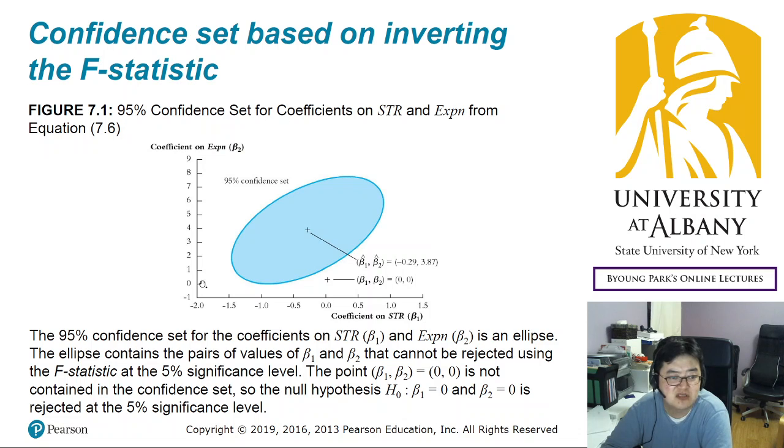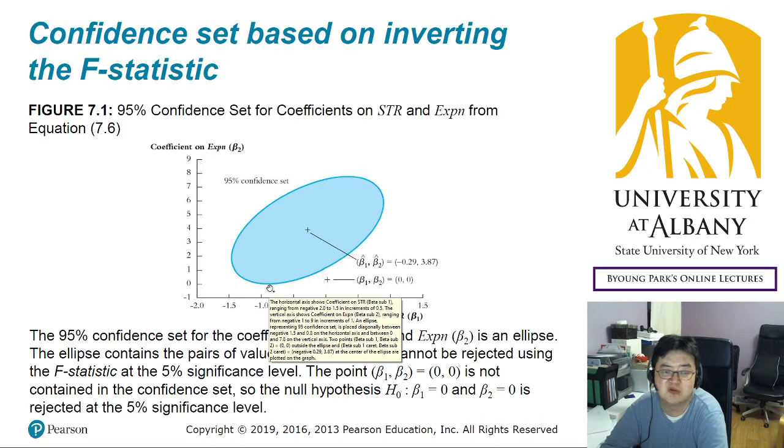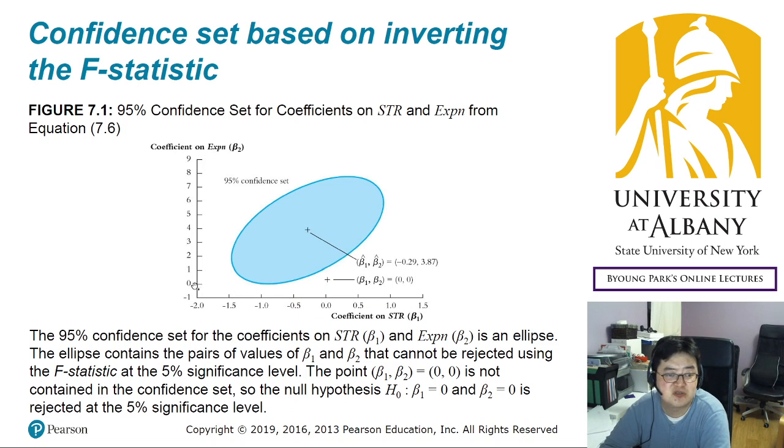The vertical axis is beta 2. Vertically, beta 2 is almost always positive, so 0 goes below the confidence set. That means anywhere in the 95% confidence set, beta 2 is positive, right?